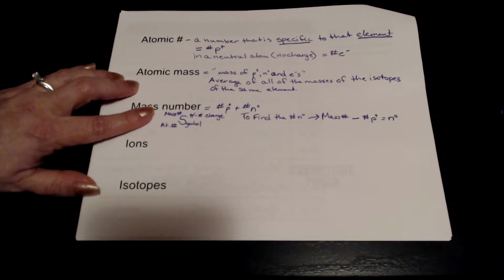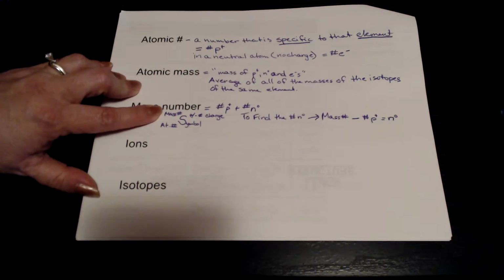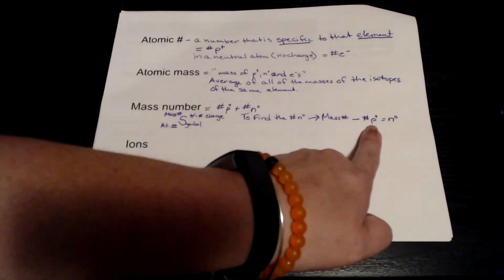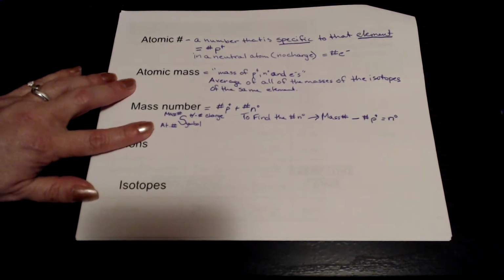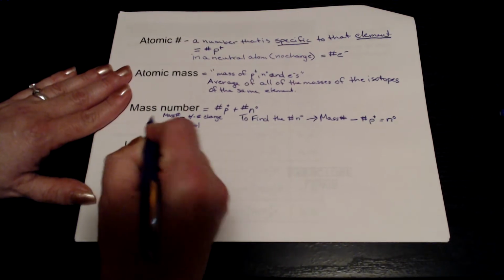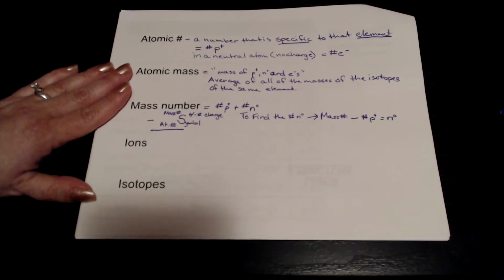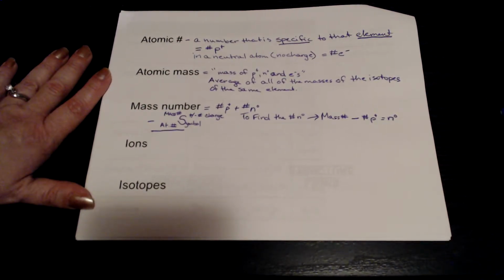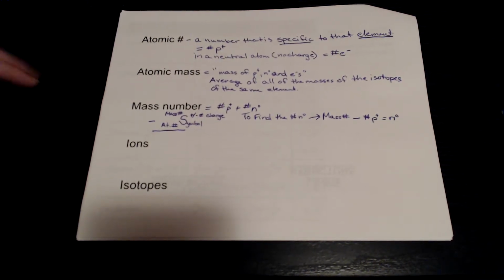What's nice about this symbolization is the mass number sits on top, and your atomic number, your number of protons, sits at the bottom, and you have a very easy little math problem waiting for you. Especially if you're like me and tend to have brain freeze and can't do subtraction or addition in your head without a calculator. It's terrible. Anyhow, that's basically what we most of the time use mass number for.